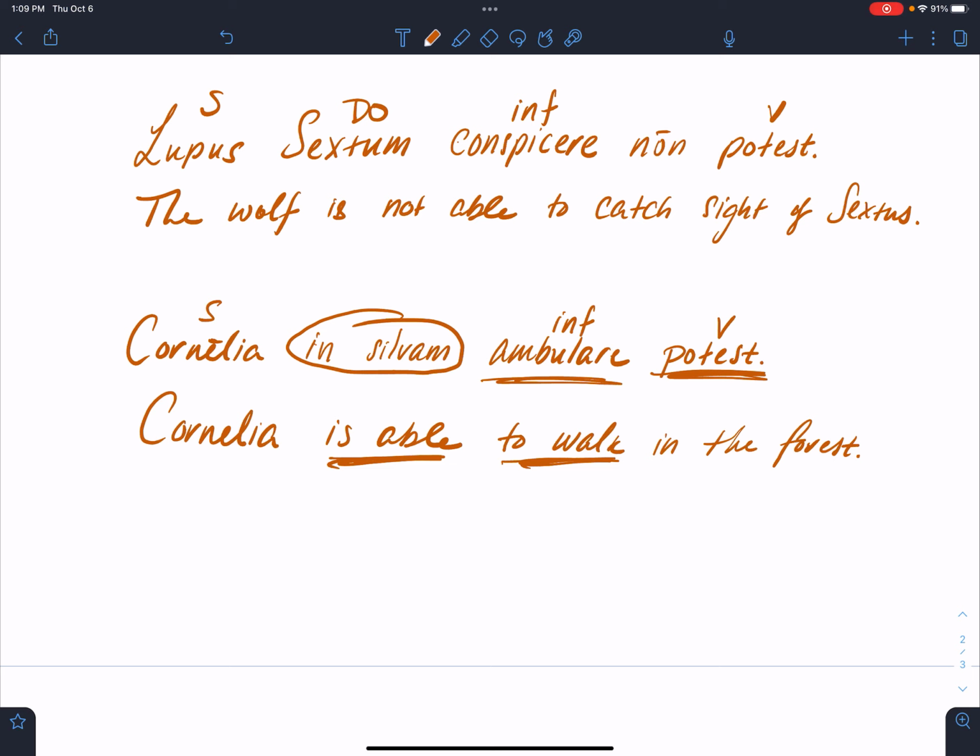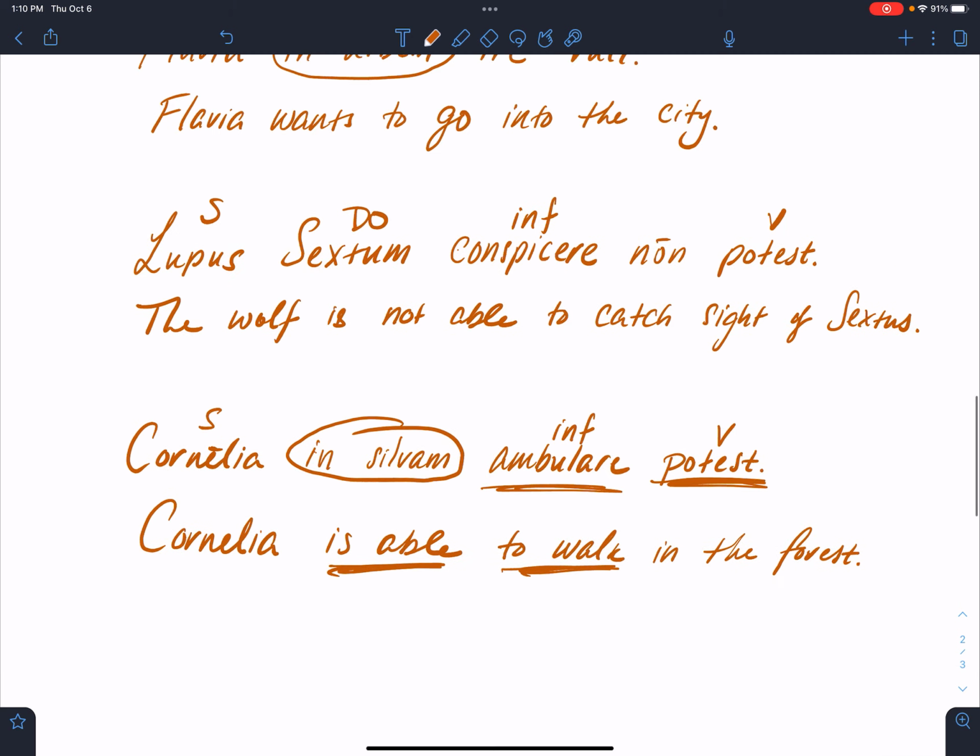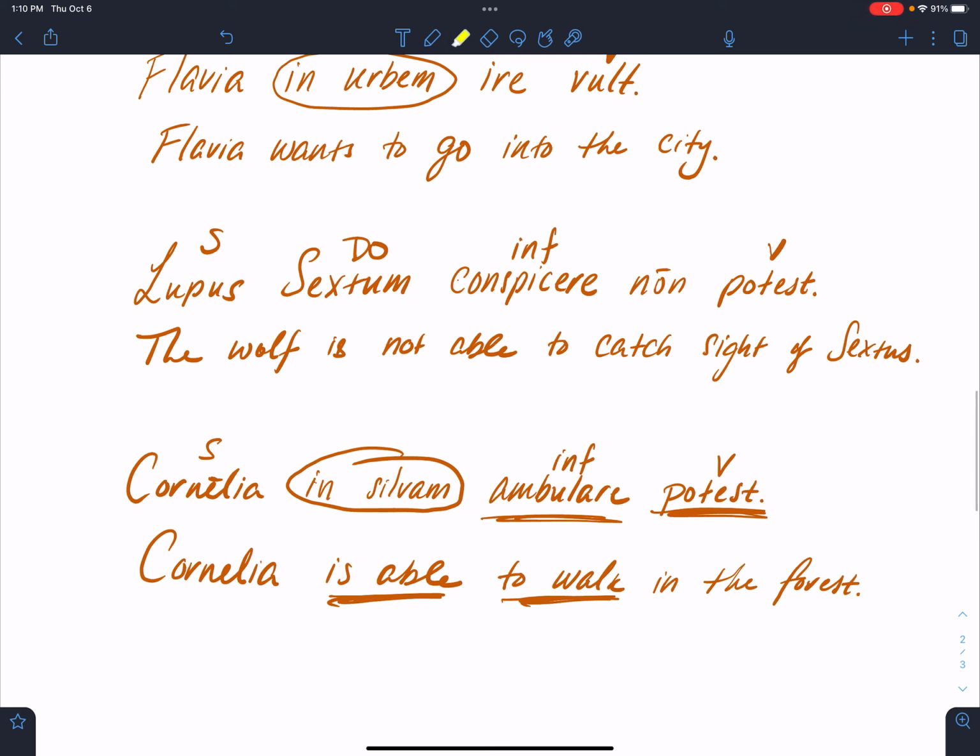The infinitive sometimes comes before the verb. Like in this example, look at this one. The infinitive is up here and the main verb is back here.